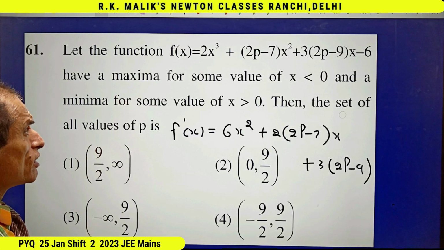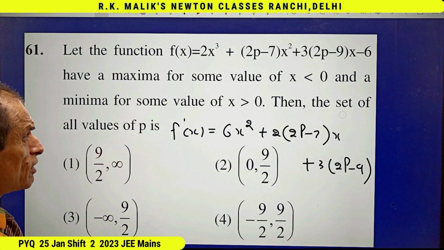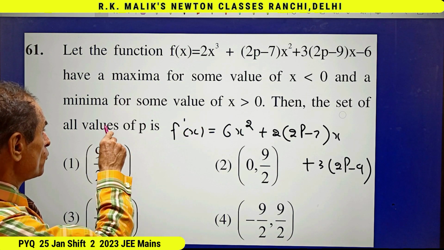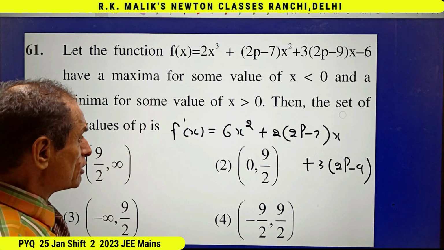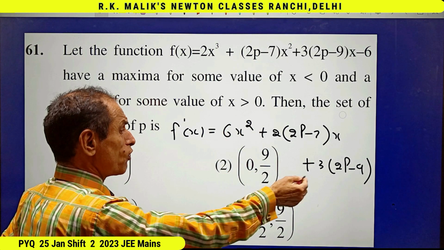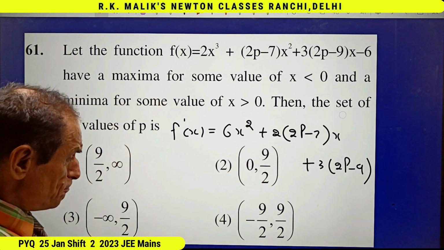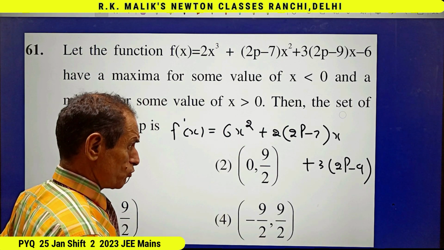And according to the condition given in the question, for the point of local maxima, x should be less than 0, and for the point of local minima, x should be greater than 0. Hence, one root of this equation should be negative, the other root should be positive. That is, 0 should lie between the roots.